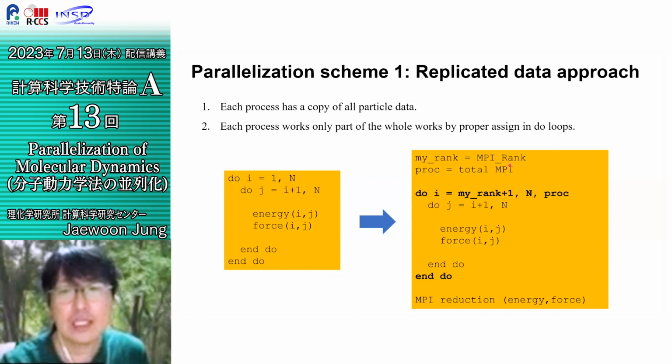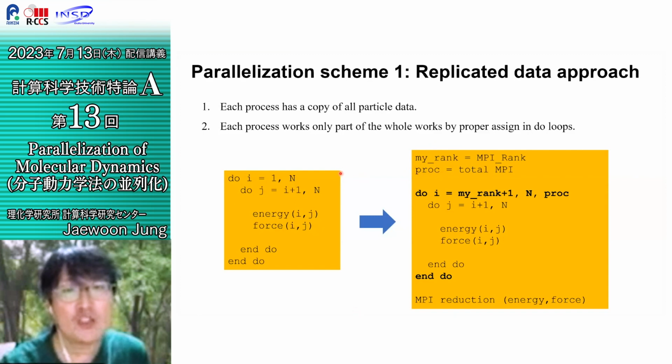This is one example. By using MPI, we define the MPI rank, so each processor has a different rank number. And the total number of MPI processes, just assume it is nproc here.